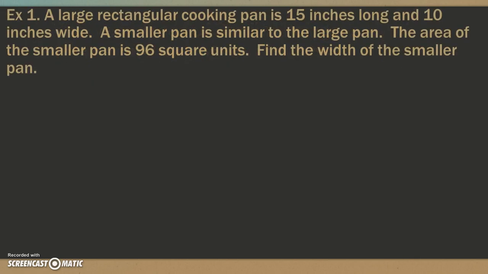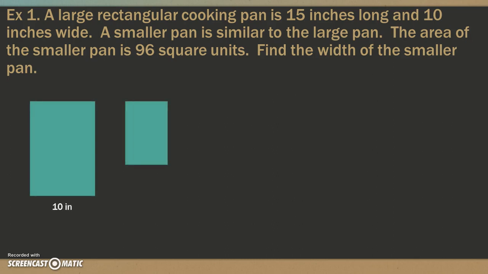So if we look at this, a large rectangular cooking pan is 15 inches long by 10 inches wide. A smaller pan is similar. The area of the smaller pan is 96. Find the width of the smaller pan. So we have a small pan here. The area of the smaller pan is 96. So this is 10 by 15 for the big one. The area of the rectangular pan that's big is 150.